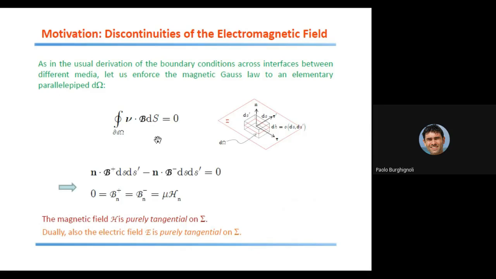In particular, if you consider any volume, the flux of the magnetic induction B is 0 across the boundary of this volume. And in particular, we are, as usual, considering, in this case, an elementary volume, d omega, which is a parallelepiped whose sides ds and ds prime lie along the surface sigma.